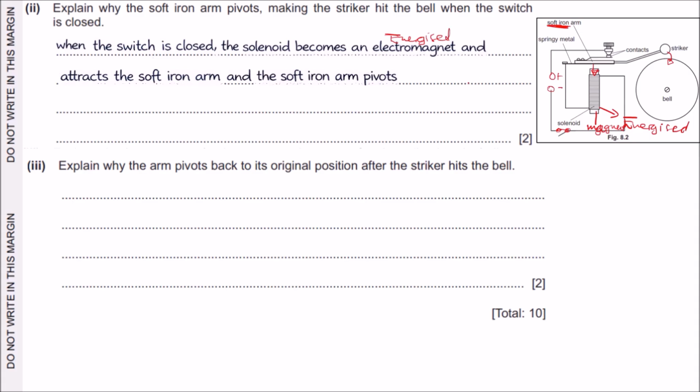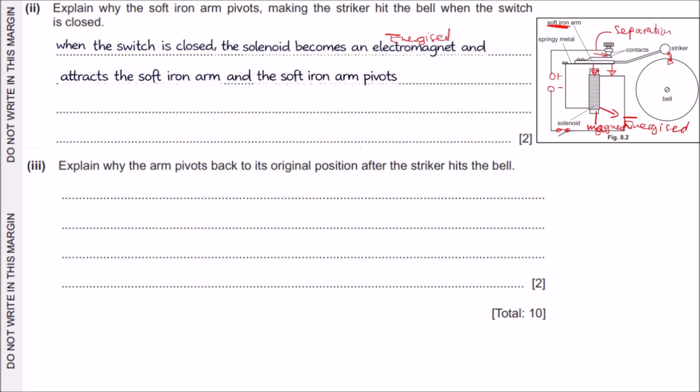Part B says, explain why the arm pivots back to its original position after the striker hits the bell. So when the striker comes in contact with the bell here, it creates a separation, because as this moves down with the striker, there will be a separation over the contacts here. So here we have a separation.